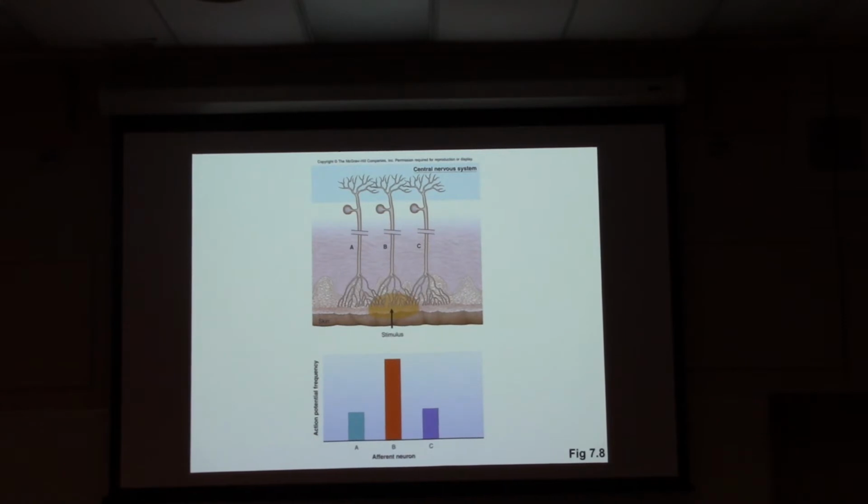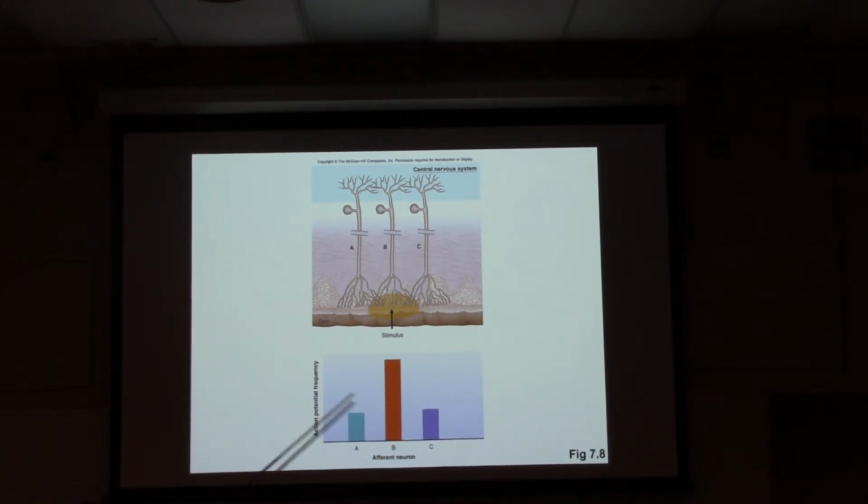Remember, that's how neurons code for stimulus strength, with action potential frequency. We talked about that a while ago. So we can say, oh yeah, B is a little stronger, so the stimulus is more in the middle. But if we can exaggerate the difference in these frequencies to make this one higher relative to the ones on the side, it makes it even easier for us to pinpoint exactly where that original stimulus occurred.